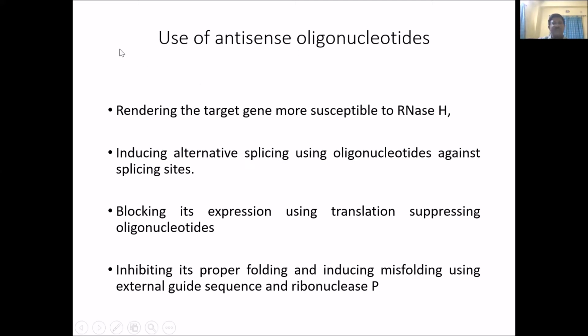So I'll just discuss a little bit of them. The single-stranded oligonucleotides which do these jobs are generally called antisense oligonucleotides. So what do they do? They can render the target gene or the target mRNA more susceptible to RNase H. They can also induce alternative splicing using oligonucleotides against the splicing sites.